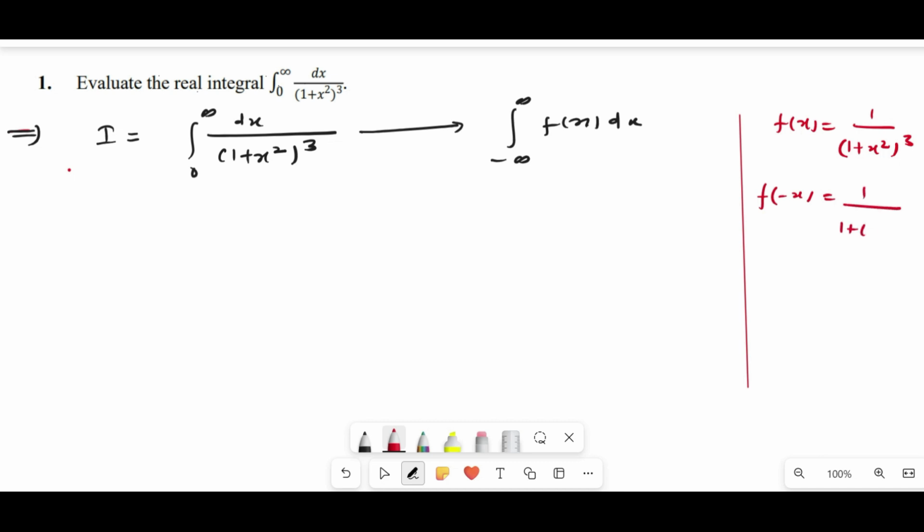That is (1 plus (negative x) whole squared) to the whole power 3, which will be equal to (1 plus x squared) to the whole power 3, that is equal to f of x. It implies f of negative x is equal to f of x, that it is an even function.